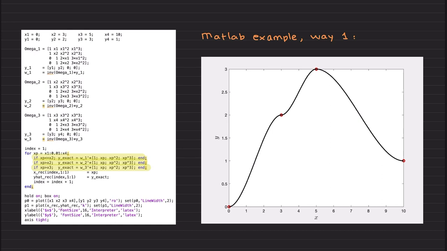In the first MATLAB example, I am using way 1. I am iteratively connecting these 4 data points. And if you watched the part 1 video, this code is exactly the code that I used in the last example of the part 1 video. I am first connecting x1 and x2, x2 and x3, and finally x3 and x4. Then I am evaluating here.